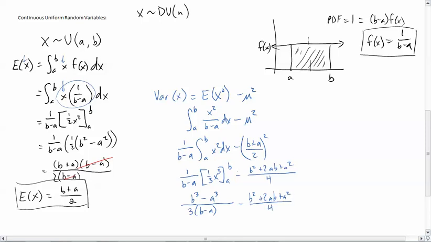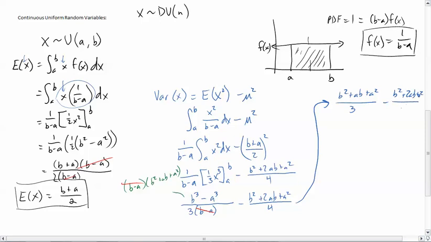B cubed minus a cubed. Hopefully you remember your difference of cubes, but if not, that's equal to b minus a times b squared plus ab plus a squared, just like that. Notice that there's a b minus a, which will cancel out, leaving me then with, on the top, b squared plus ab plus a squared all over 3 minus b squared plus 2ab plus a squared all over 4.